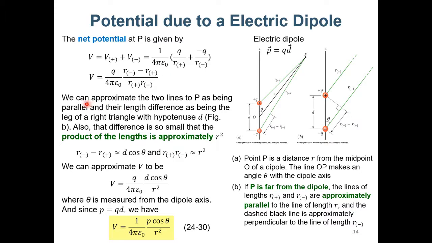Something simple. Up till now, I think we can approximate these two lines to P as being parallel and their length difference as being the leg of a right triangle. Actually, we assume this point is far away from this dipole, so that we can assume these two lines are parallel with each other.